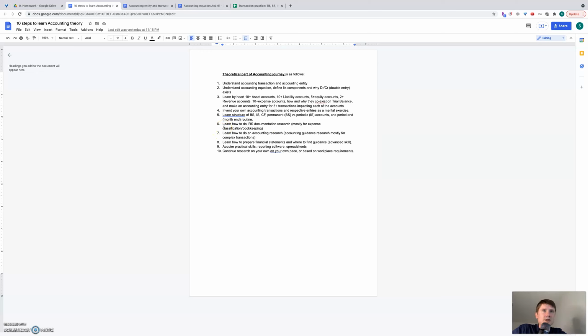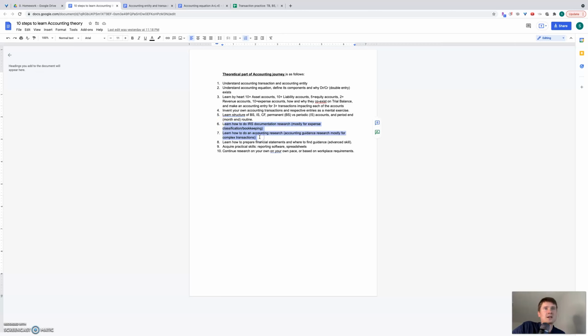Once you do that, you can prepare some draft financial statements for your imaginary company or for an actual company. If you already got an accounting job, you can try to do that yourself. And by financial statements, I mean only the first 4 schedules, not the notes to financial statements. That you will be able to do a bit later in your career.